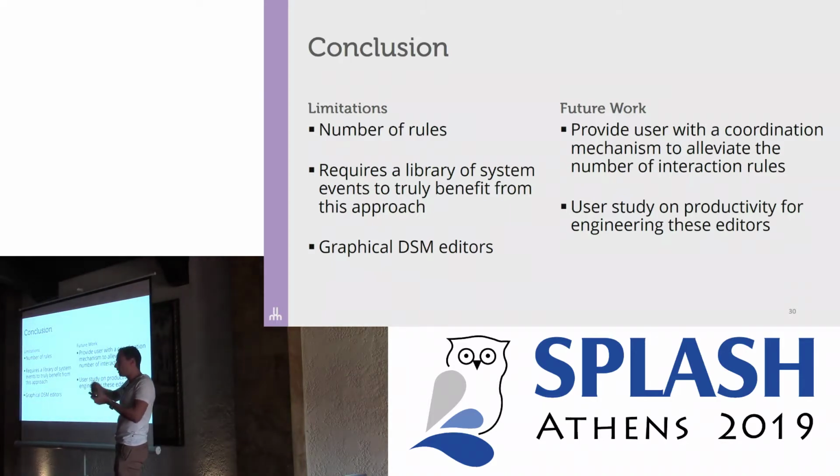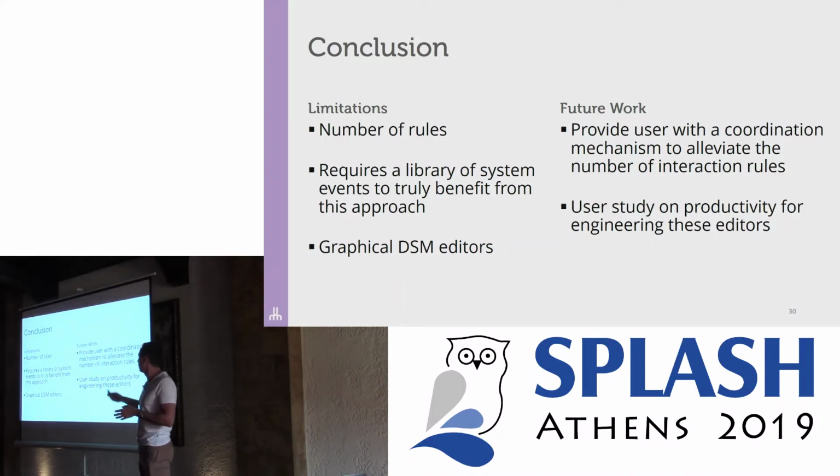A rule can trigger another rule or disable another rule explicitly, and we also have parameter passing between the rules, which makes it faster. Also, our approach requires that you have built a library of possible interactions, and the Statechart calls the right API, so it assumes your API is there. And we've only focused on graphical domain-specific editors for now.